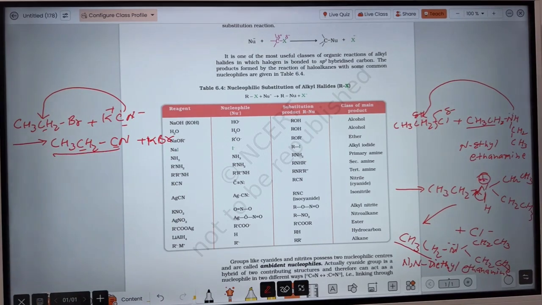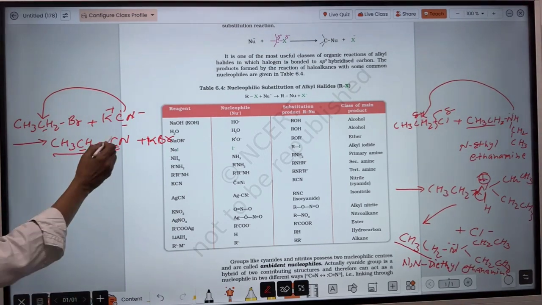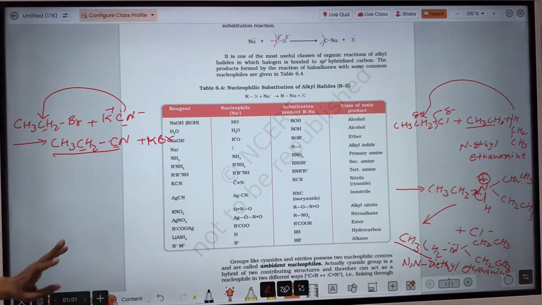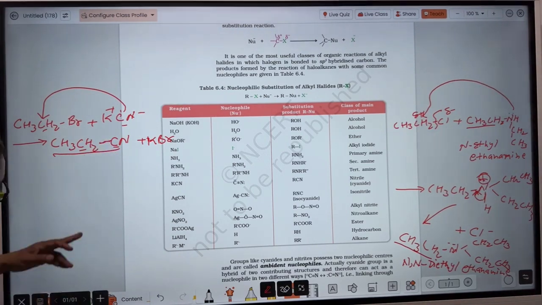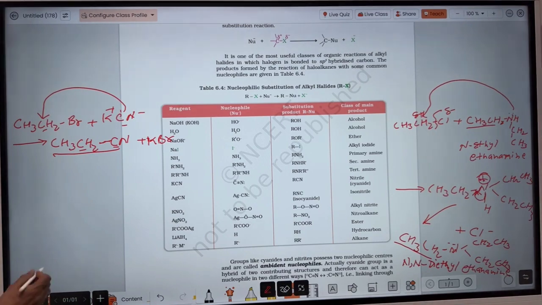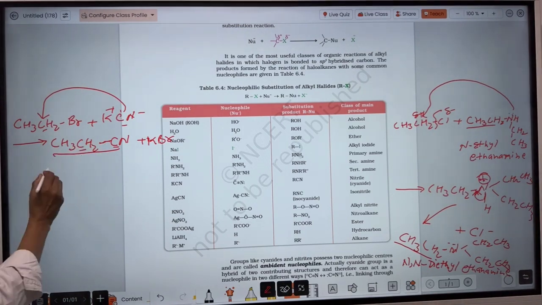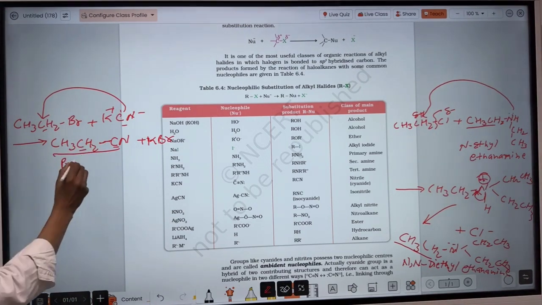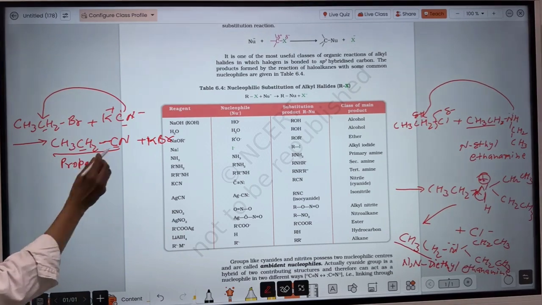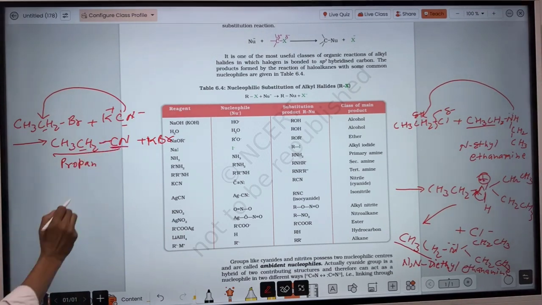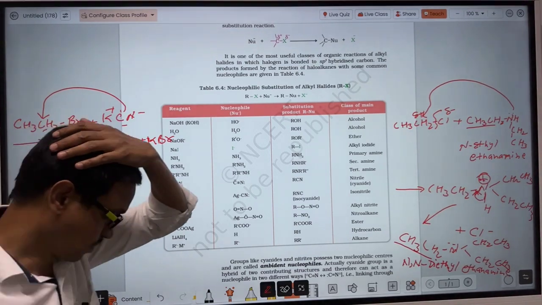Its IUPAC name, how to write? Here the total number of carbons is 3. The carbon of the functional group also we will have to count when we write the IUPAC name. So 1, 2, 3, three carbon atoms. So we say propane, and here the functional group name is nitrile.